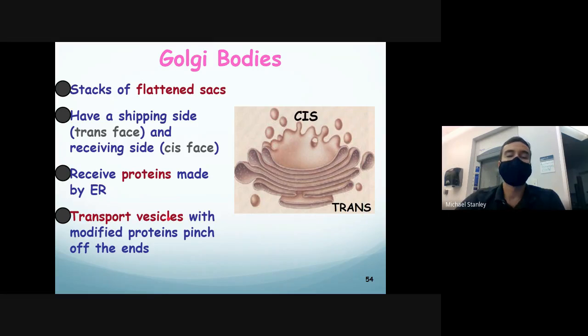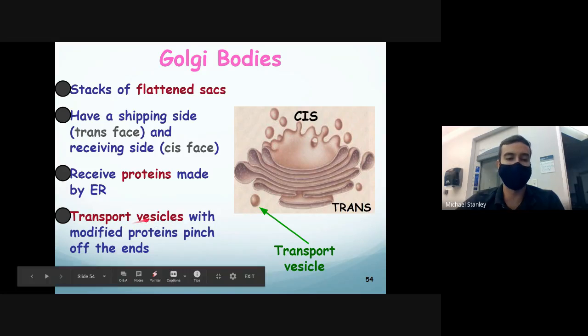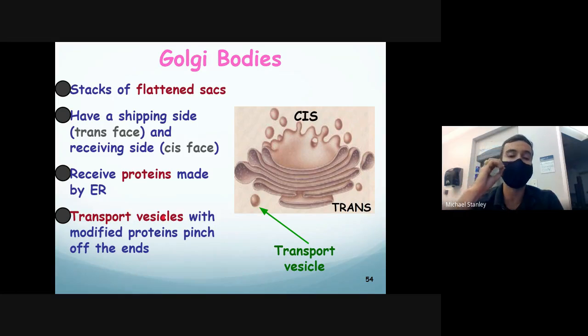These vesicles are like tiny little cell membrane blobs that contain these important proteins or carbohydrates or whatever it is. And the Golgi body uses those to send the proteins to where they need to go. So they're part of the shipping process. Like these guys right here would be these little transport vesicles, these tiny little cell membrane bubbles, essentially.